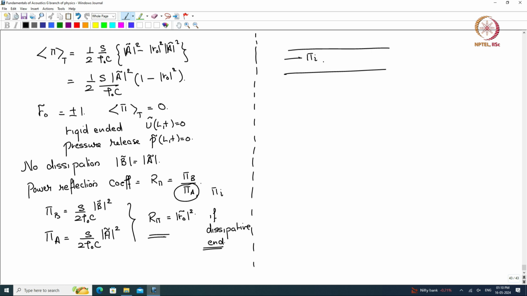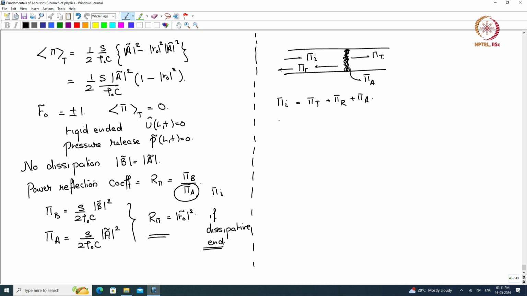And now there is some material along the pathway, so that there is a transmitted power, and there may even be some absorbed power, and there is a reflected power. So that the power incident is power transmitted plus power reflected plus power absorbed.